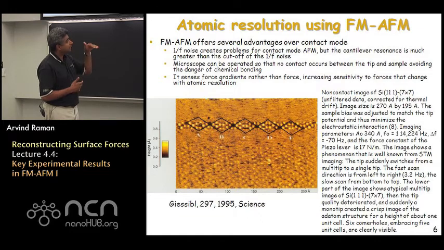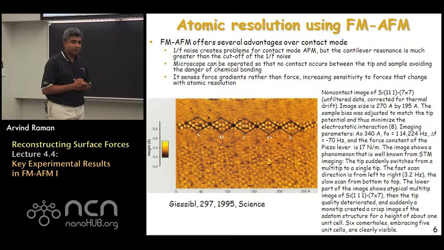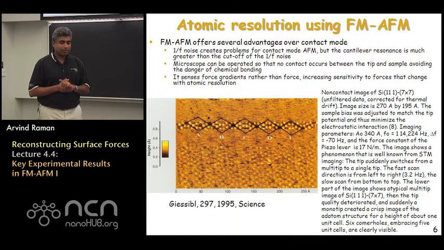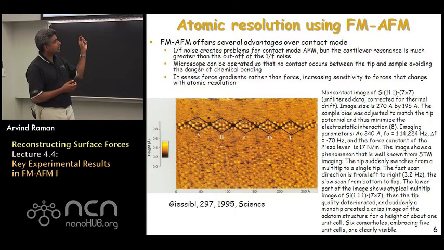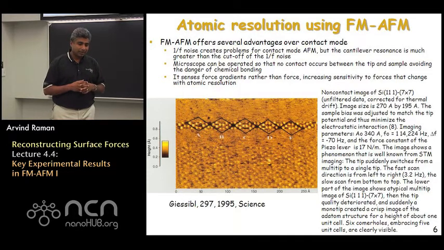In this particular image, Giessibl was scanning, and over the top quarter of the image one really didn't see anything. It was foggy in some sense. And then all of a sudden, for about 5 or 10 scan lines, the atoms popped out on the surface, in the band where you see the structure of the surface.